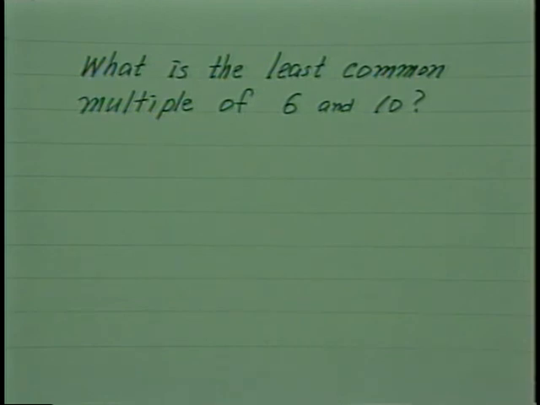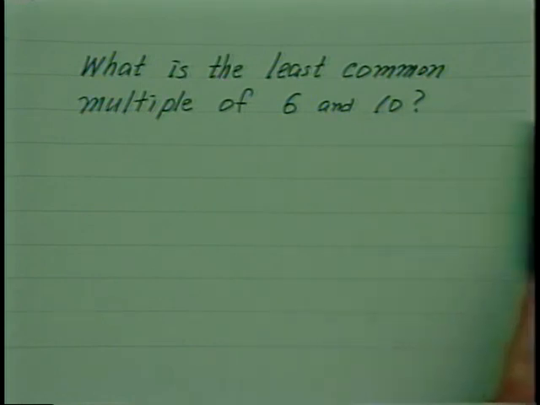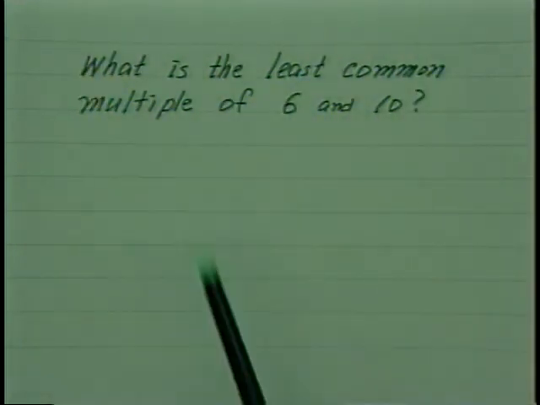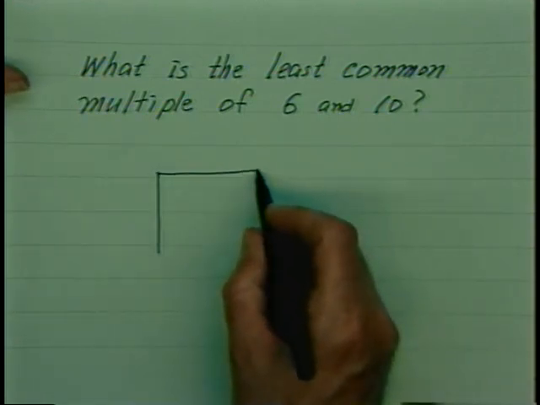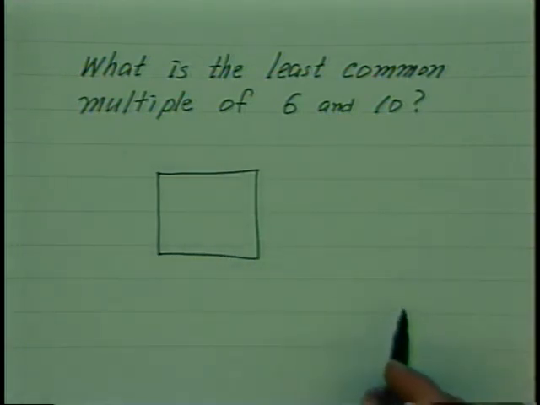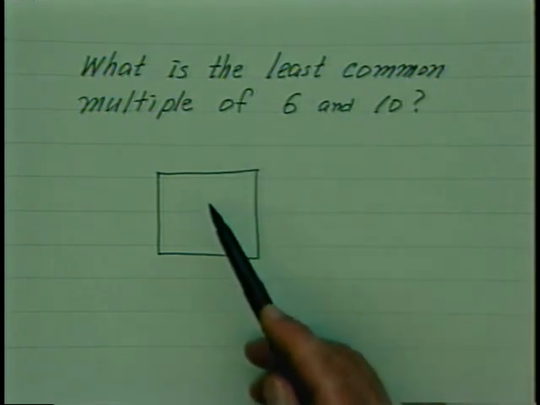What is a least common multiple of any two numbers, or 3 or 4? What are we really asking for? Well, we're asking for the smallest number in existence that 6 and 10 will each divide into.